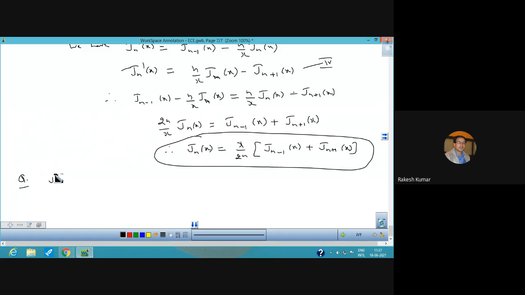The first question is find out the value of J minus 3 by 2x and prove that the value is equal to negative 2 upon pi x, and in the bracket we shall have sine x plus cos of x upon x. Now this is we need to prove, and let us do that.